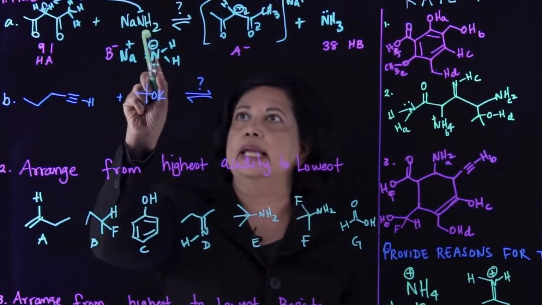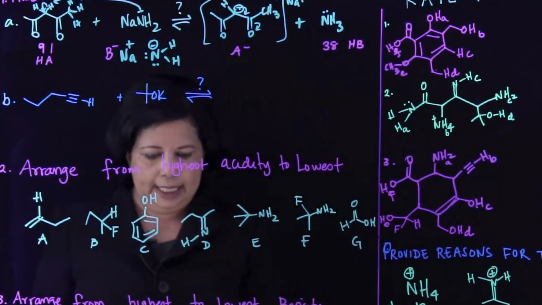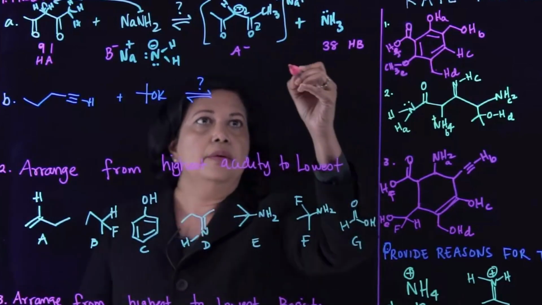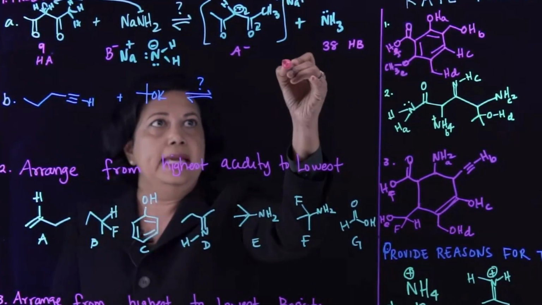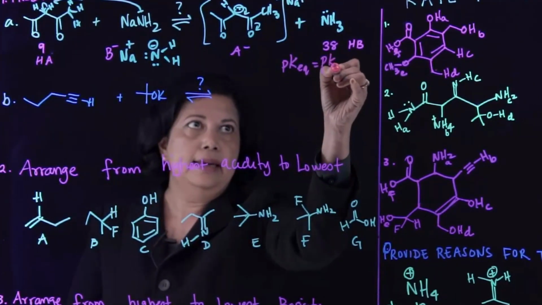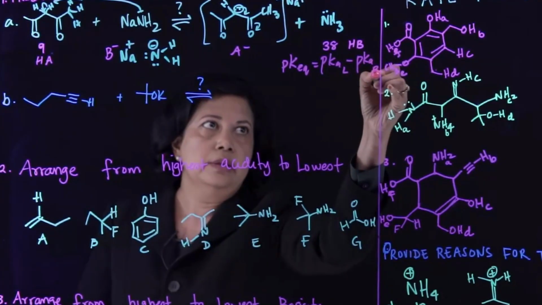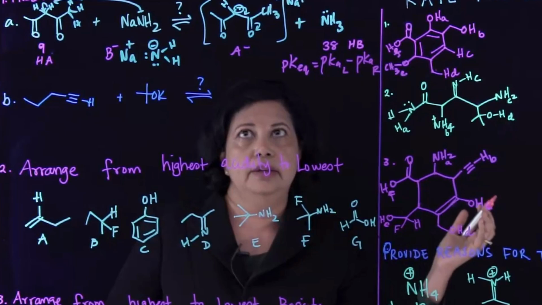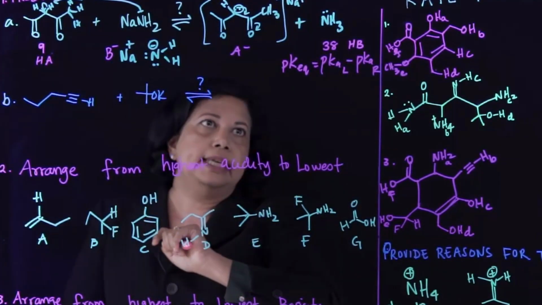So just the way it's written without changing anything, let's do pKa left minus right here. So pKa equilibrium is pKa left. We're just doing the equation. And we did this earlier. So that is going to be 9 minus 38.